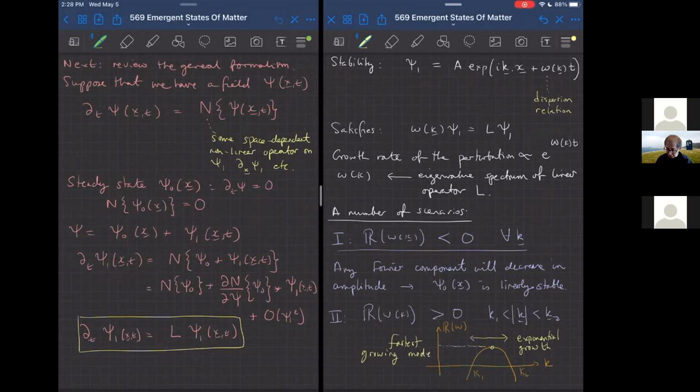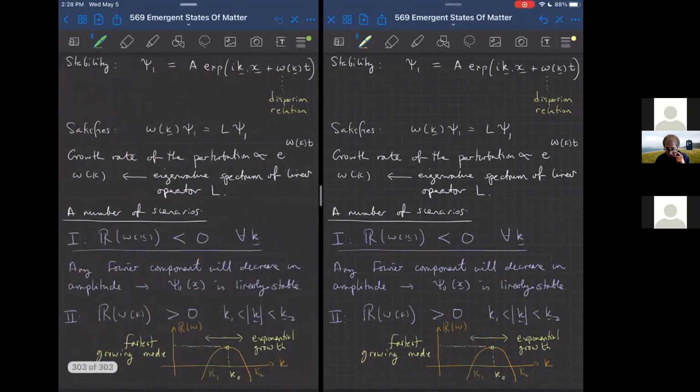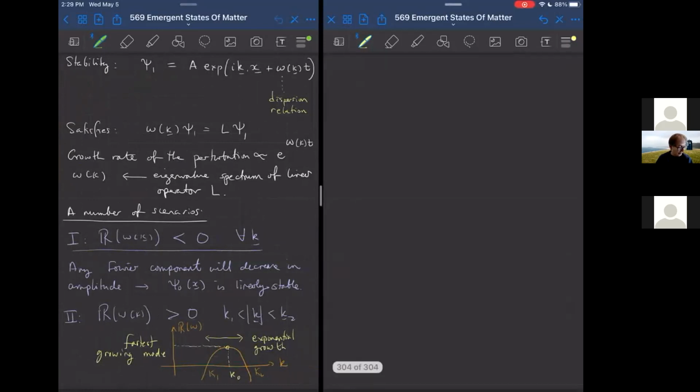Because it's going to be the fastest growing mode, it will have some wave number, I don't know what I'm going to call it later, k0. It'll have some wave number k0, and so you might expect that k0 will set the scale for the pattern. So what we can say is that psi will grow until the neglect of order psi 1 squared is no longer justified.